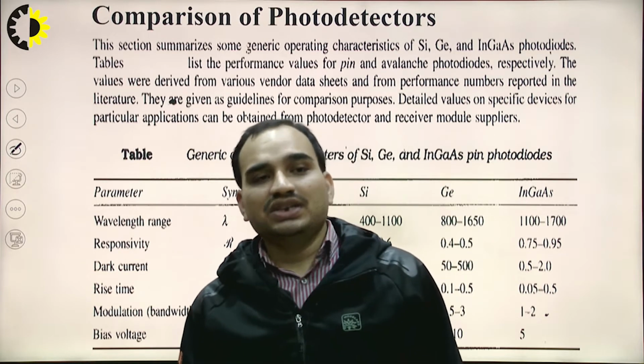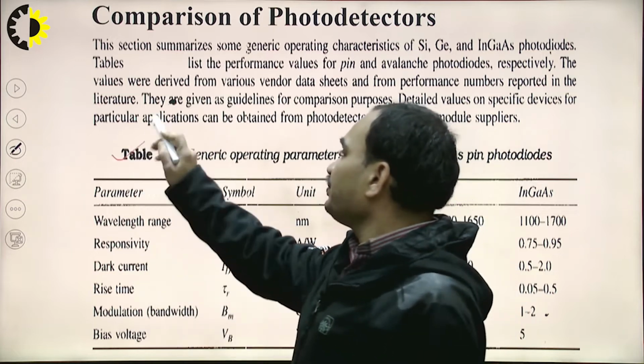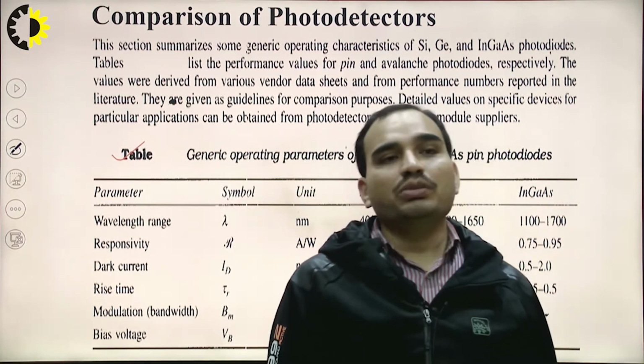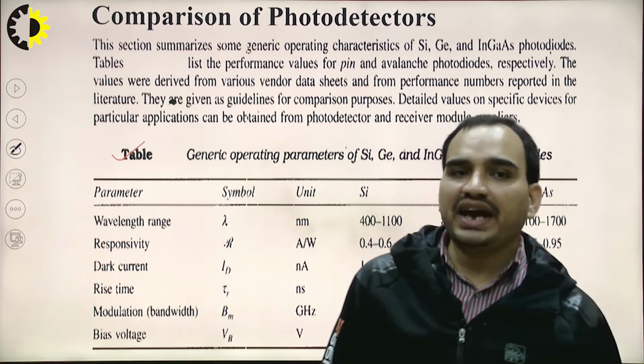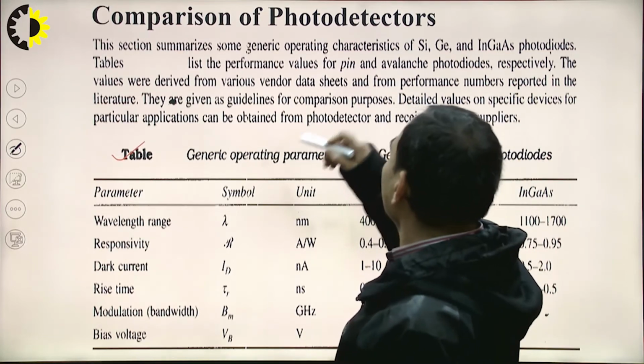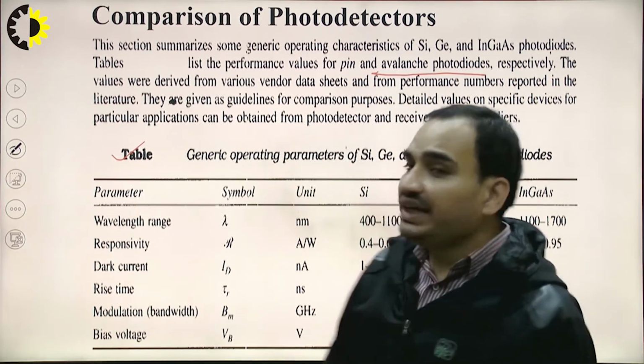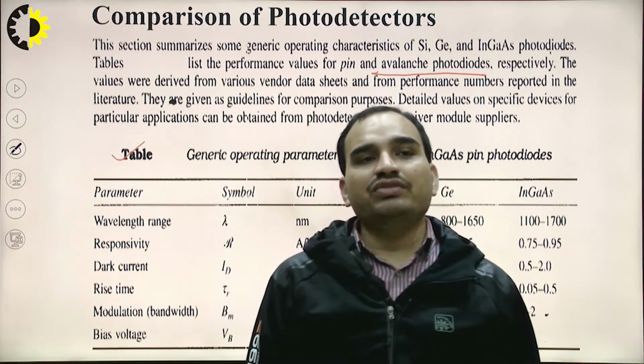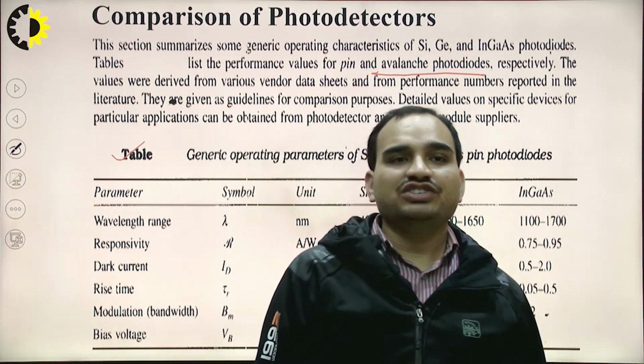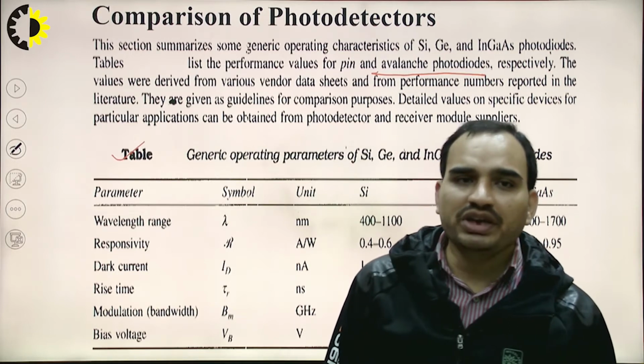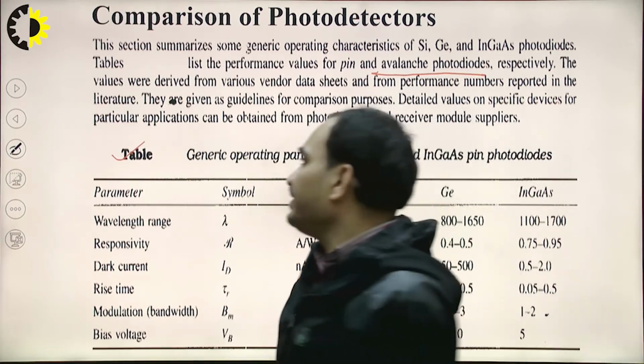This table shows a list of performance values of PIN and avalanche photodiodes respectively. The values were derived from various vendor data sheets and from performance numbers reported in the literature.